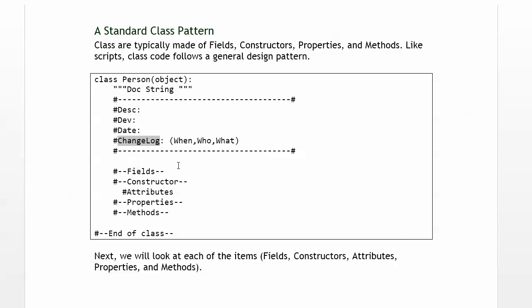You would also have a place for your fields, something called a constructor, which we'll get into in just a bit, attributes, properties, and methods. And all those things are what we're going to talk about going forward in this video series. And then the class would end.